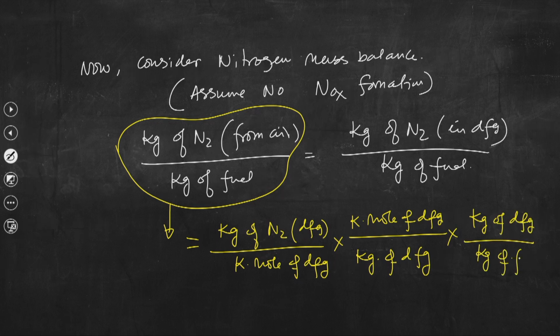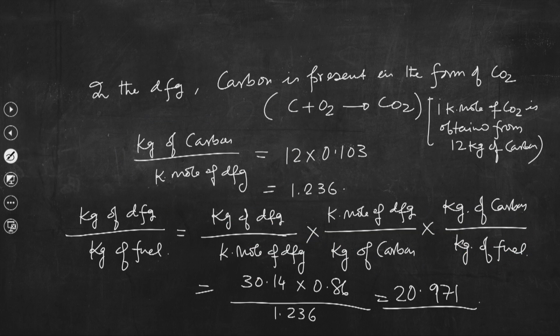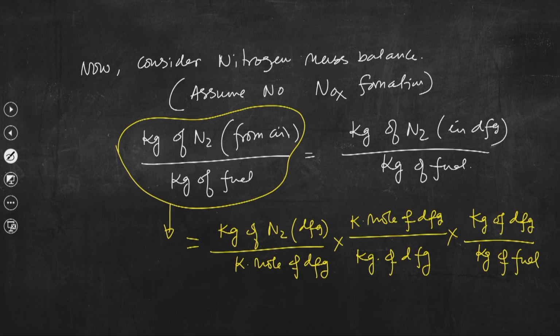So, kg of fuel we need to know, right. From the last calculation we know kg of DFG per kg of fuel. That is 20.971.